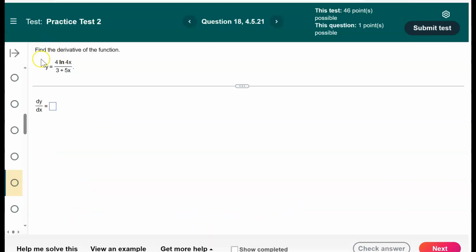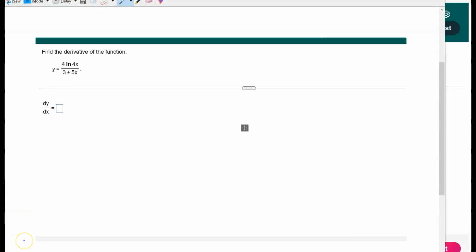Now let's consider this function here. Find the derivative of this given expression. Now we have a quotient. So in this case, we're going to use the quotient rule. So if you recall, the quotient rule, you could think of the numerator as your u, and then the denominator is your v.